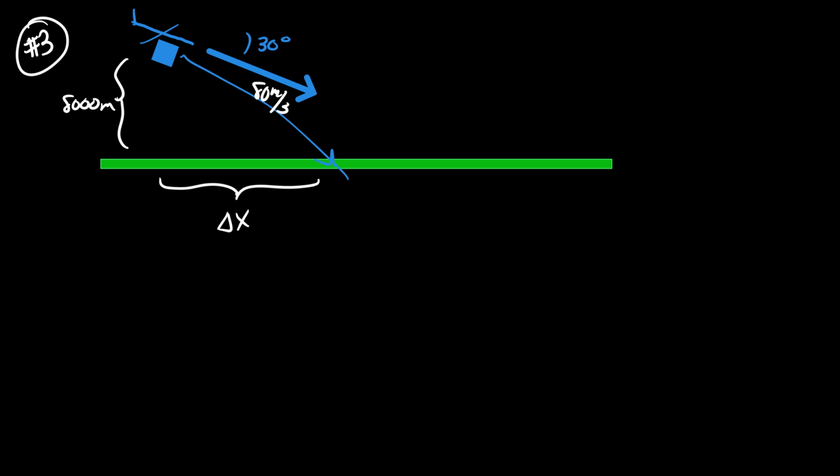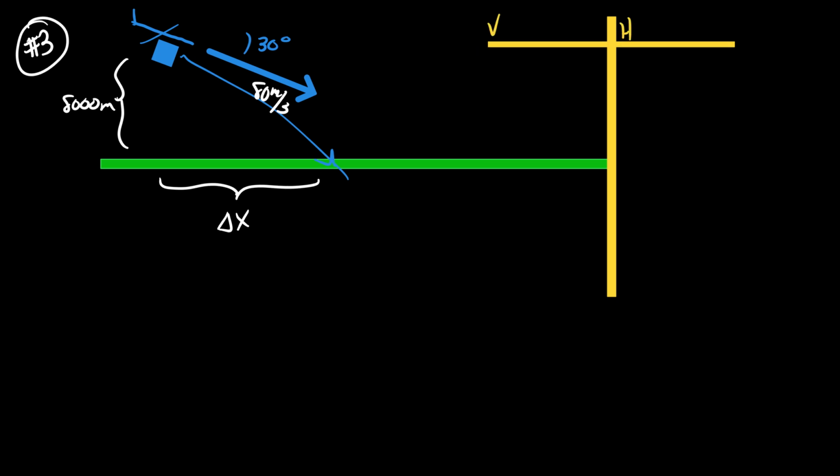All right, I mean, no shortcuts here. Looks like this is going to be the whole thing. So vertical, horizontal, delta x, Vx, which will be 80 cosine 30 degrees, and t.